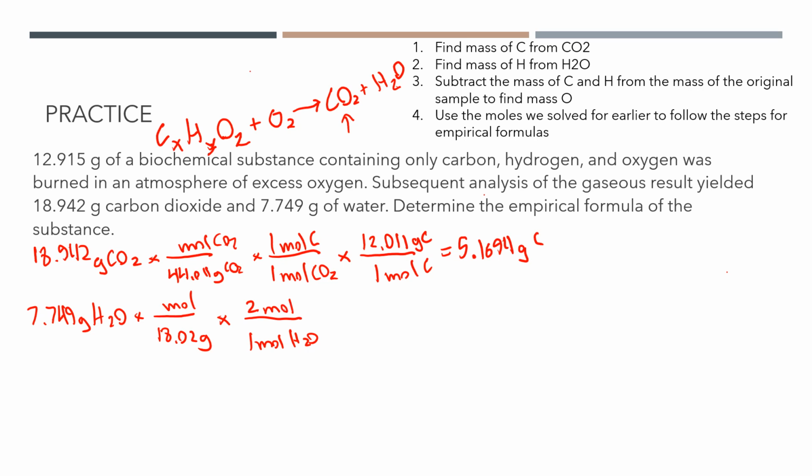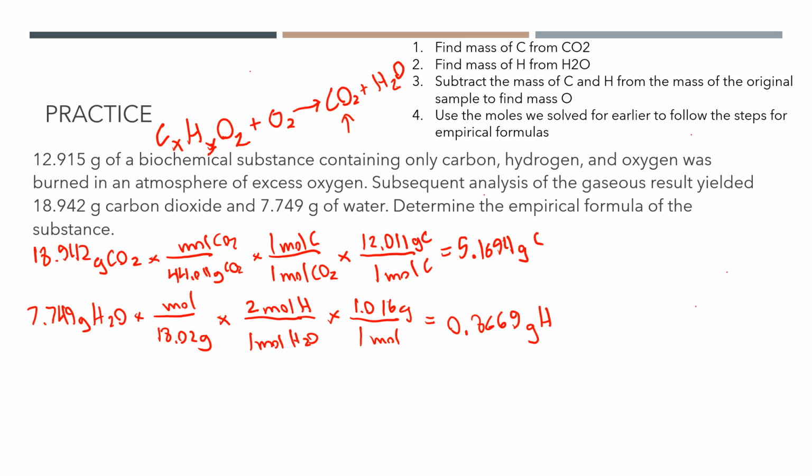Then we want to convert that to grams, using 1.008 grams per mole. That will get us 0.8669 grams of hydrogen.